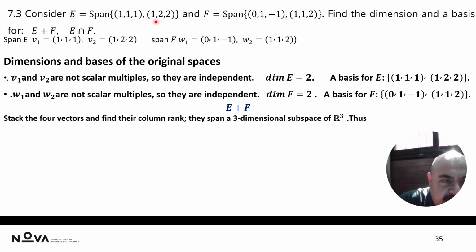The first two vectors are linearly independent, and also the second two are linearly independent, of course. So the dimension of the first set is 2, and the dimension of the second set is 2.